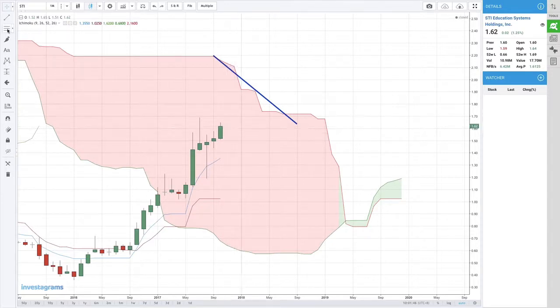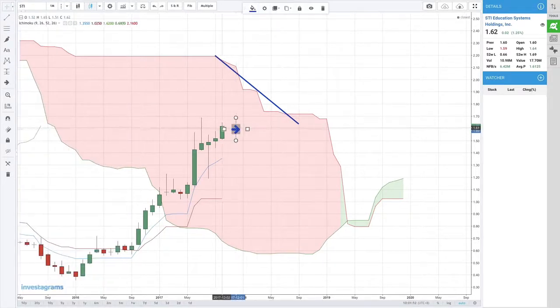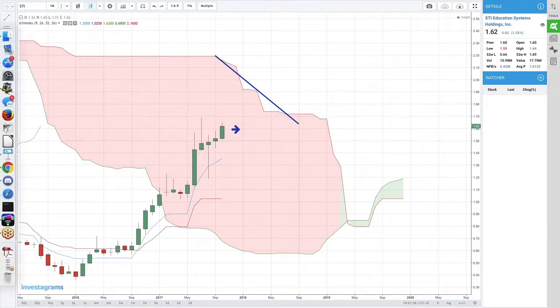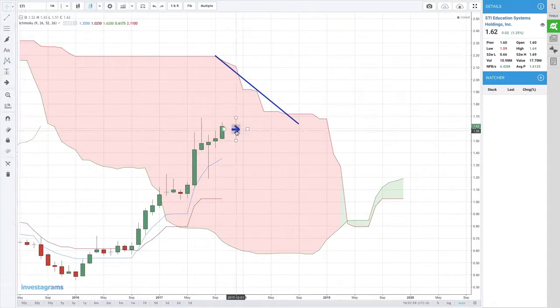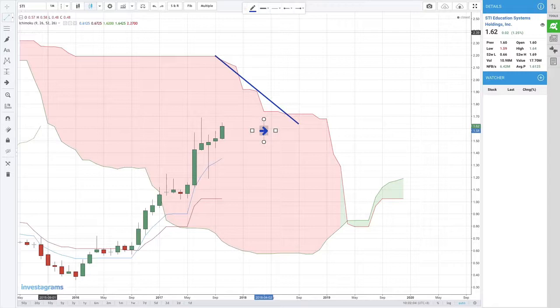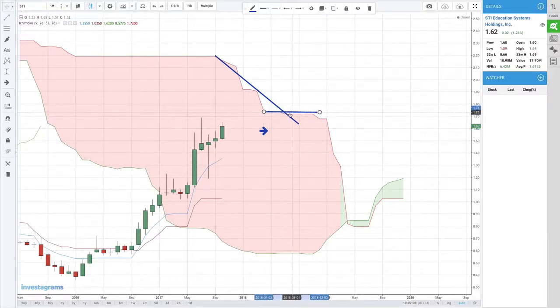As it moves sideways, the resistances are lower because, like we said, time and price come together to form supports and resistances. So as time corrects, as the price takes a longer time in correcting, the resistance levels become lower.